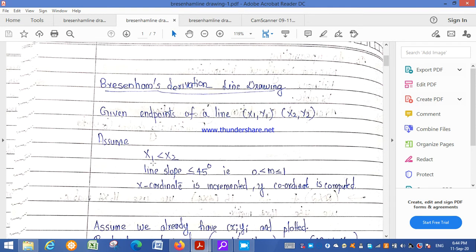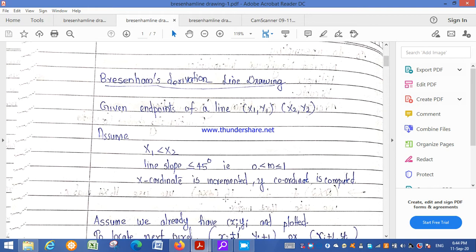So the initial x1 coordinate is less than the final x2 position. This indicates that the slope value is between 0 and 1, and in this case we are incrementing the x coordinate and computing the y coordinate.